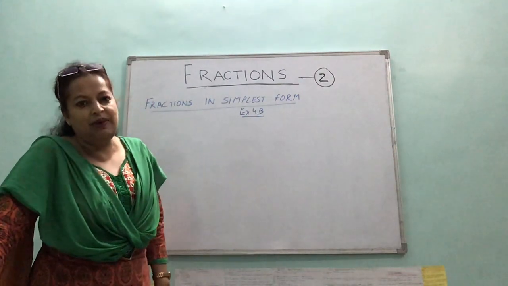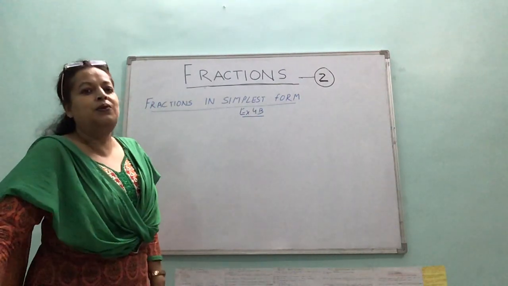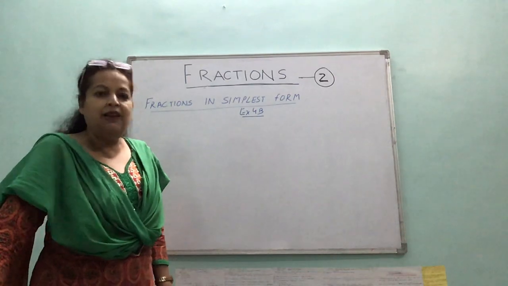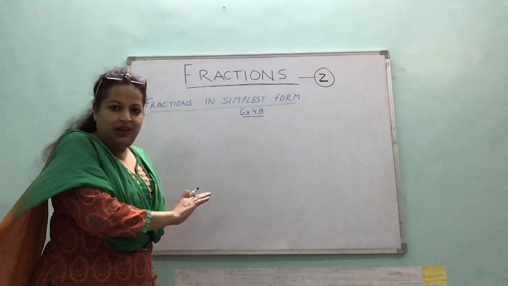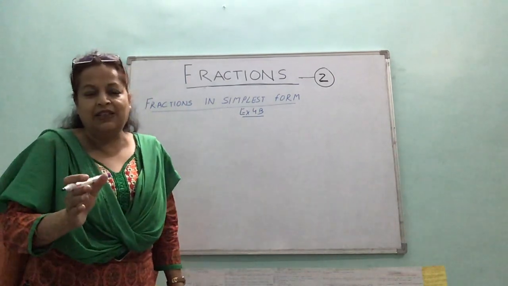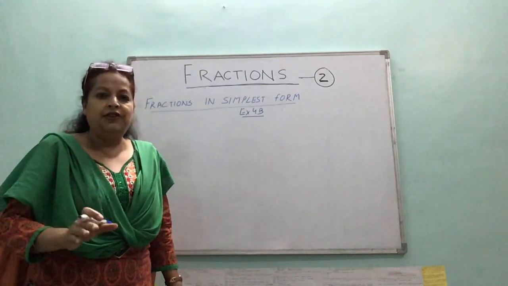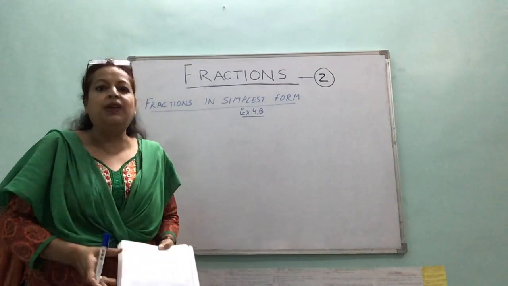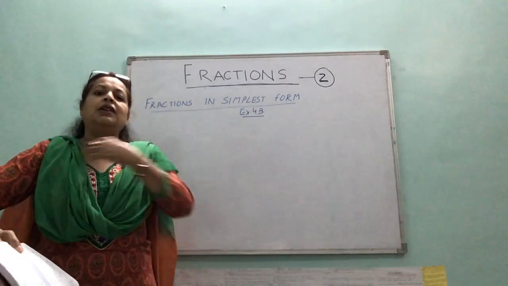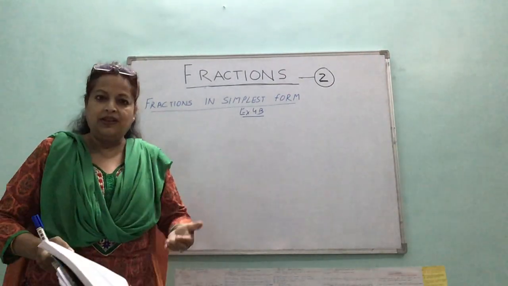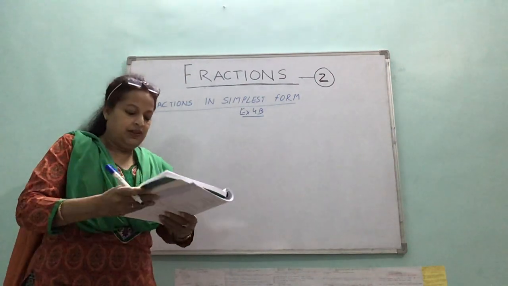One or two questions I do by the division method, one or two by the prime factorization method. How to reduce by finding HCF by division method, and how to reduce by finding HCF by prime factorization method. The difference should be known very clearly, because these terms we keep on using in our studies. So, long division method, let's see.